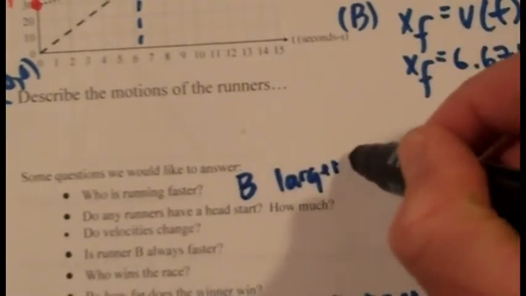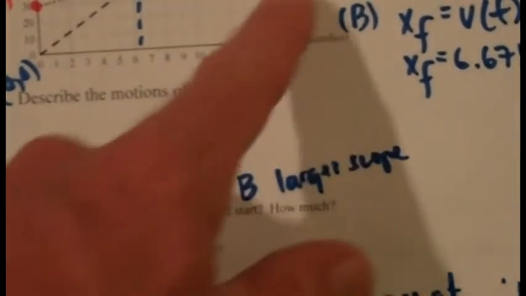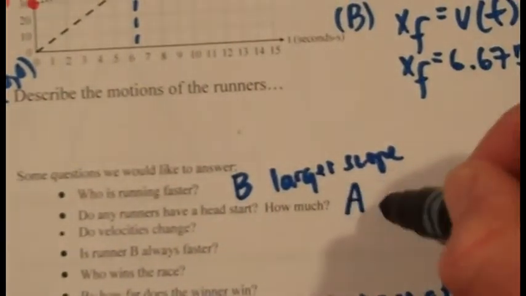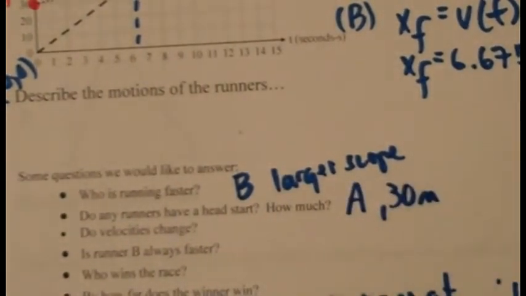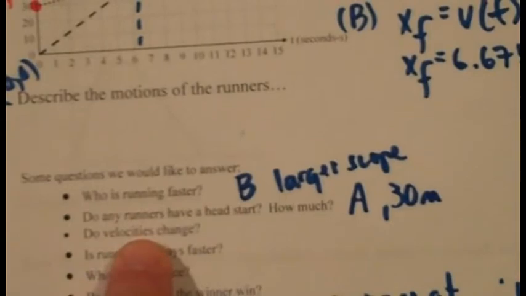Do any runners have a head start? Yes, runner A does, right? How much? Well, 30 meters. Do velocities change? No. B always has a velocity of 6.67. A always has a velocity of 2. These slopes don't change.